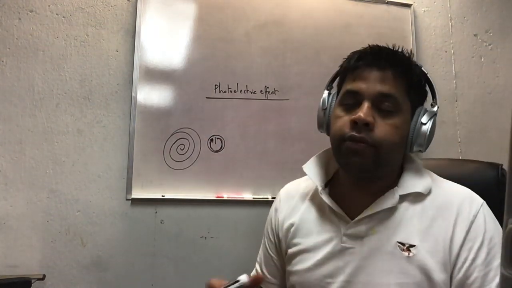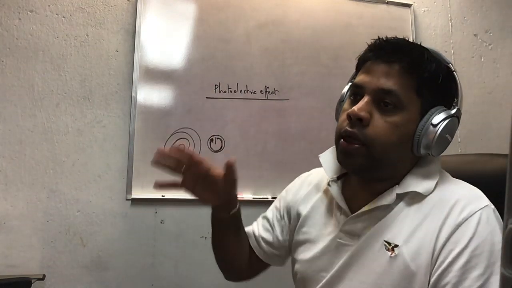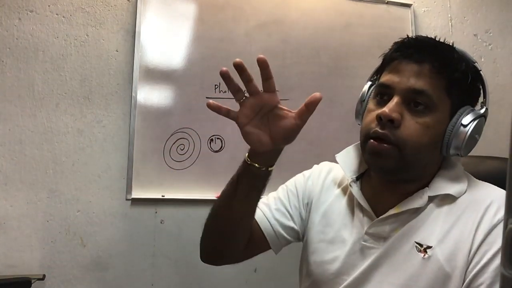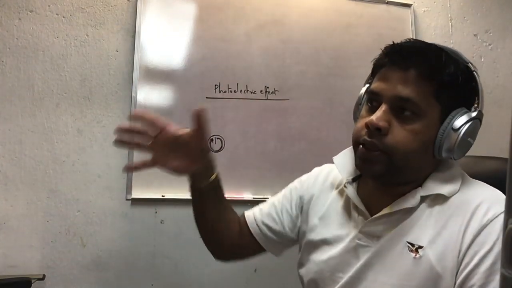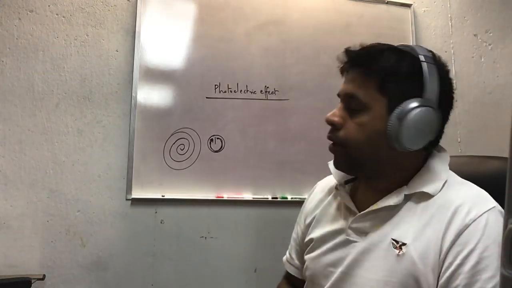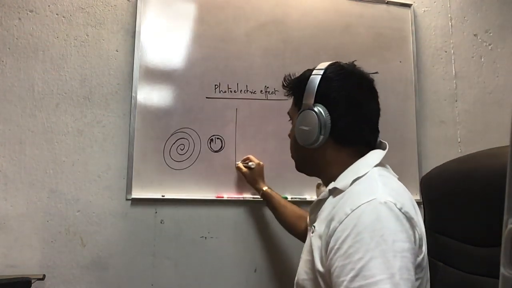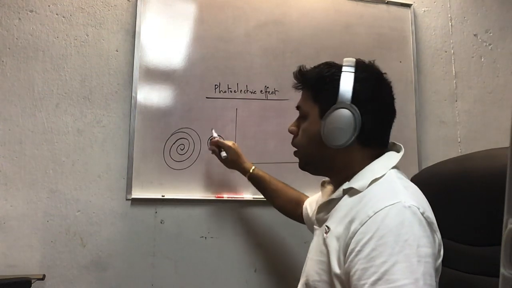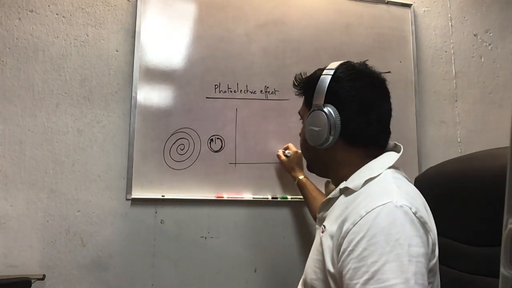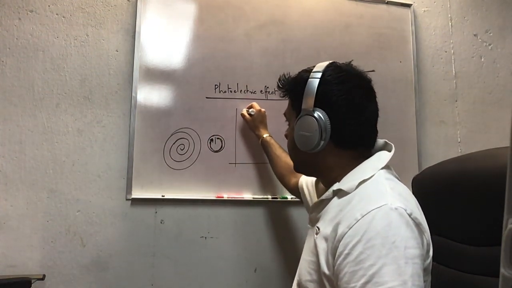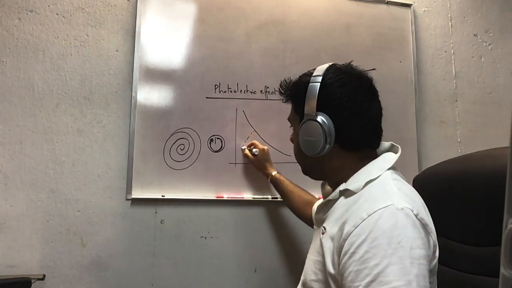That is because in classical physics, light was in the form of continuous energy. It just kept increasing, increasing, and increasing. But what he found out was, after a certain amount of heat, the intensity of light, instead of going like this, just came like this.